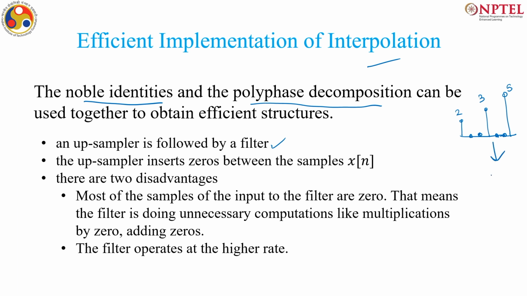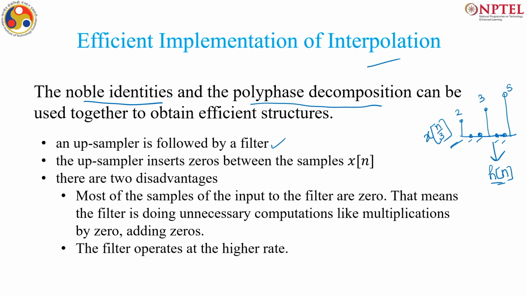Now, after that if I am doing the filtering h[n], what I am doing? I am convolving this with this upsampled sequence, that is x[n] upsampled by 3 you can say. And now technically you know the complexity of convolution, but here I am unnecessarily multiplying a lot of samples with zeros and doing a lot of addition with zeros, which is technically useless and baseless.